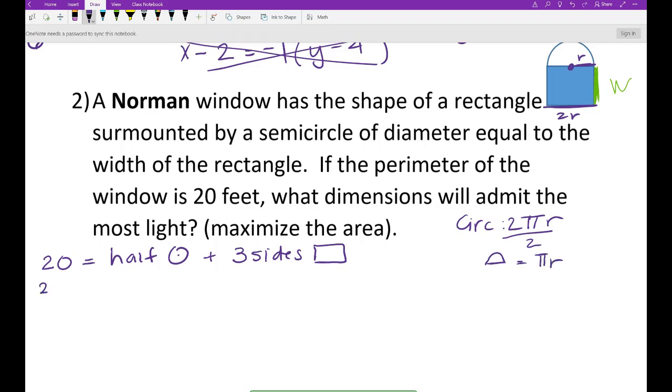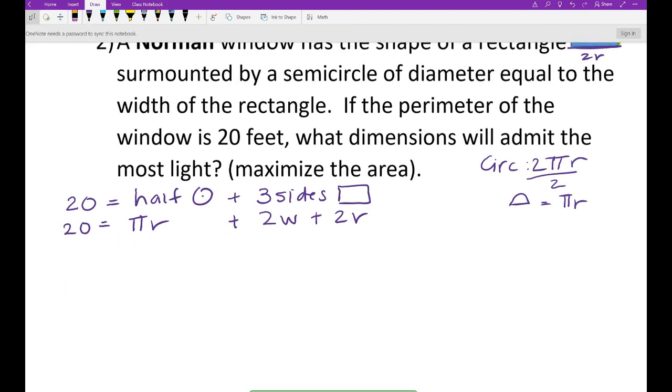So I'm going to write 20 equals pi r. Then I'm going to add. I have three sides. So how many w do I have? 2w. And then what else? Isn't it just one side, which is 2r in this case, the way that's labeled? Okay, so I have 2 r's. So that's just the perimeter.